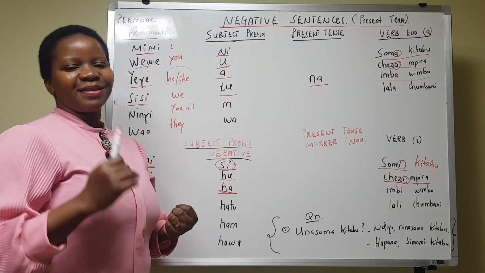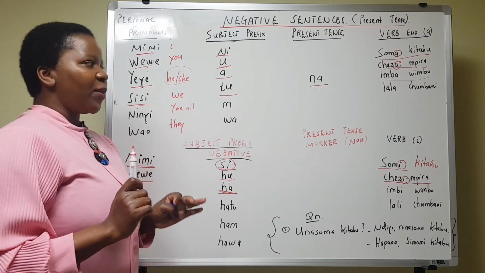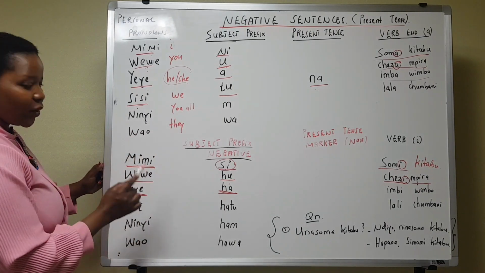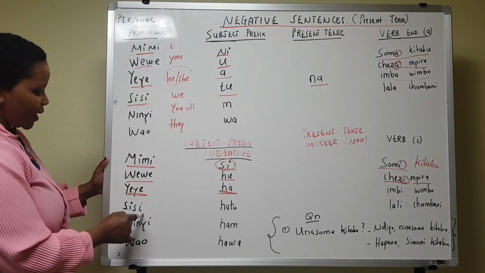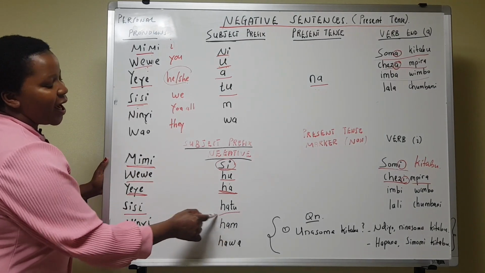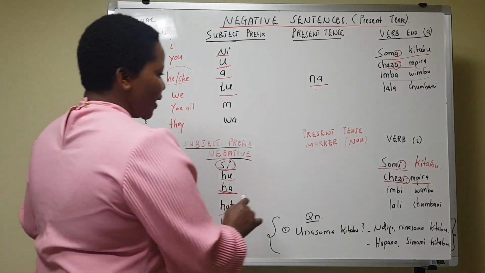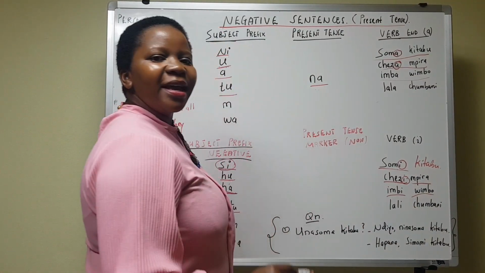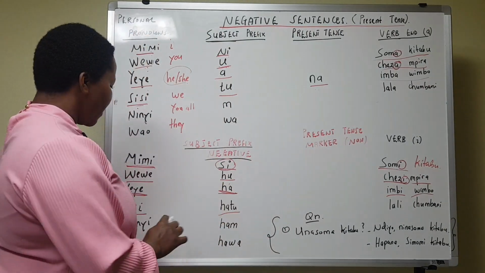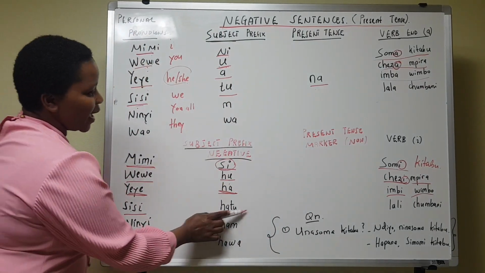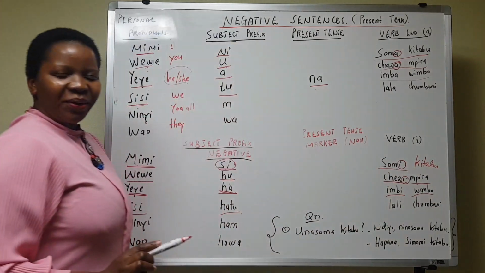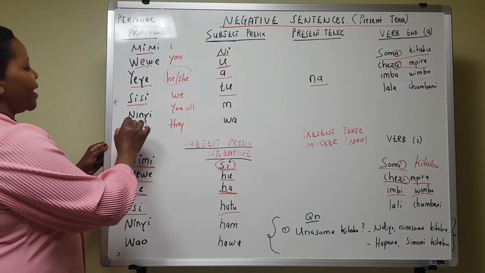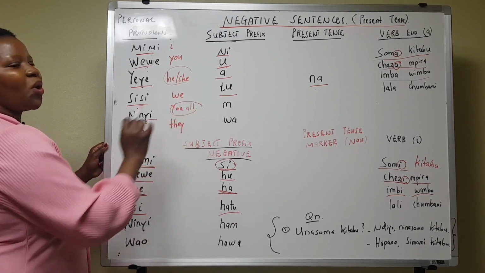So the sentence will be like this. Sisi hatuimbi wimbo. Okay?